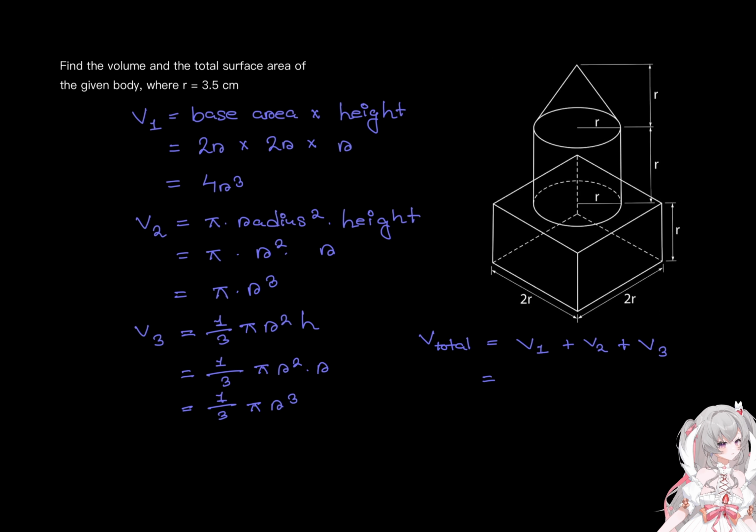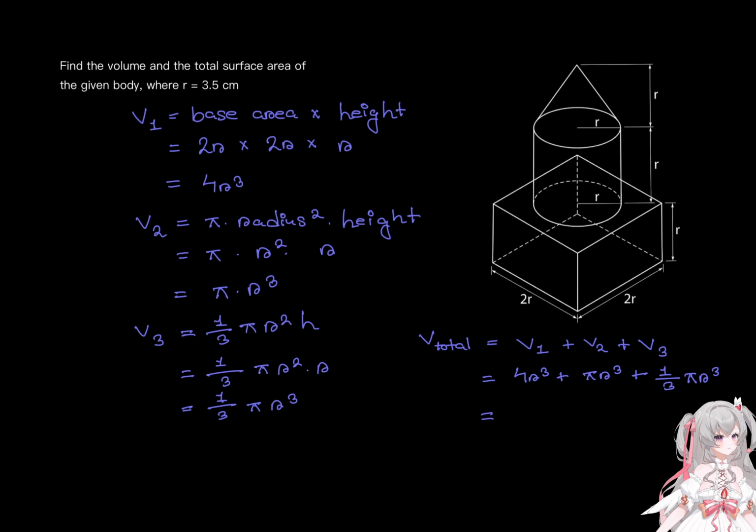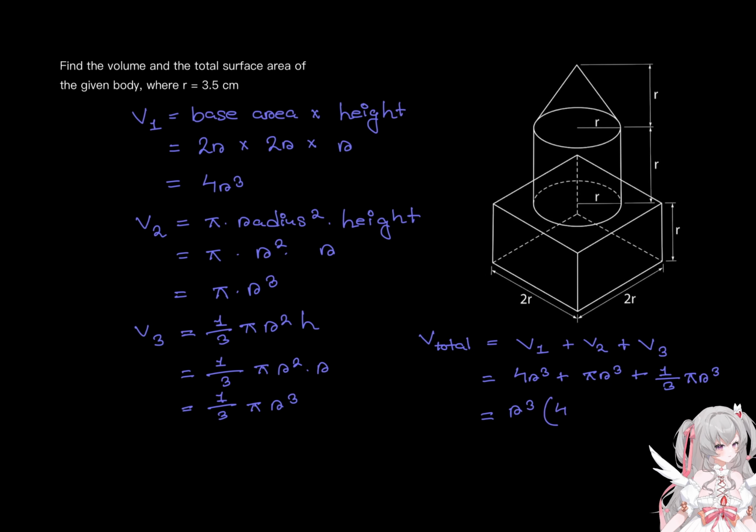Placing these values here, 4r cubed plus pi r cubed plus 1/3 pi r cubed. Then, if we factor out r cubed, we get 4 plus pi plus 1/3 pi.